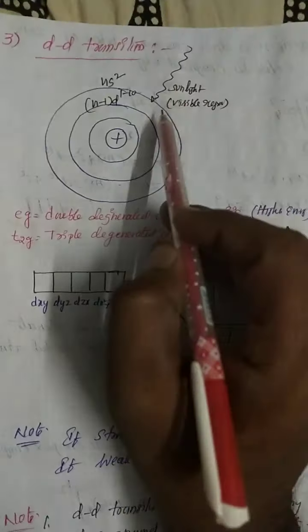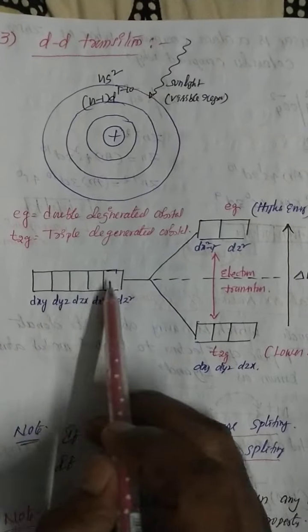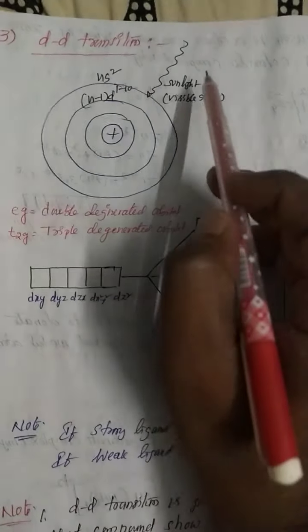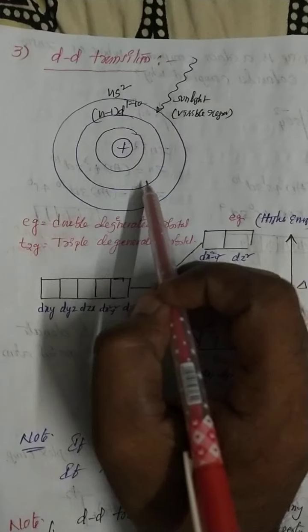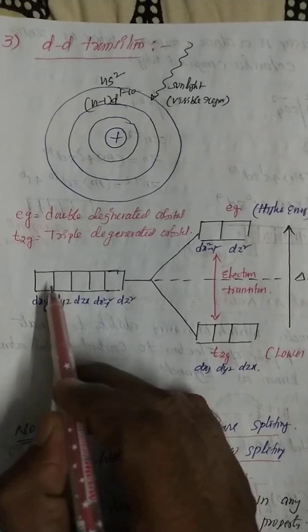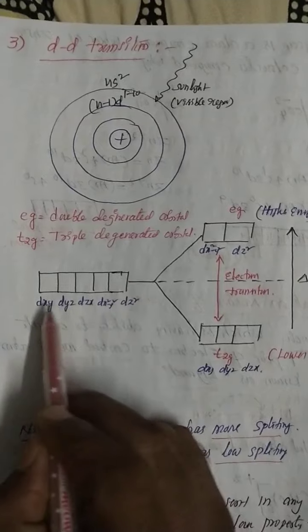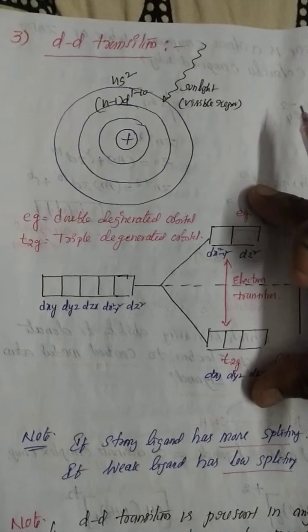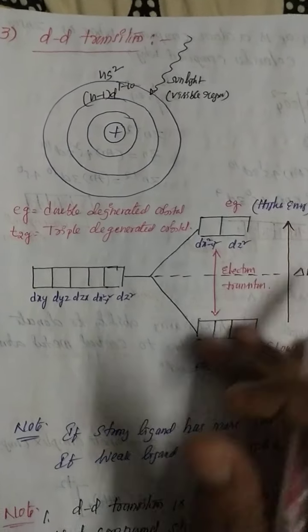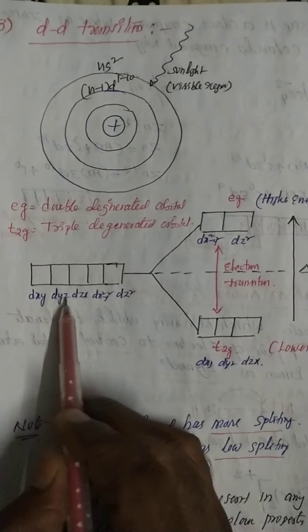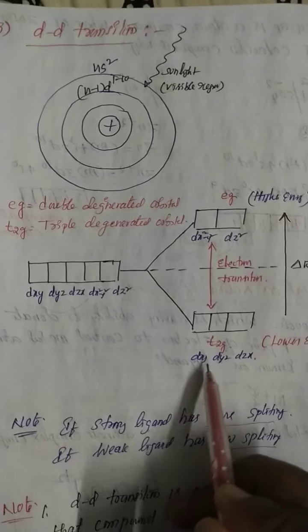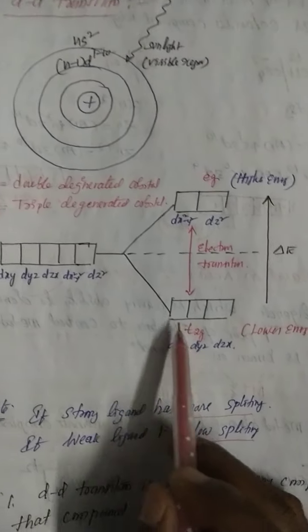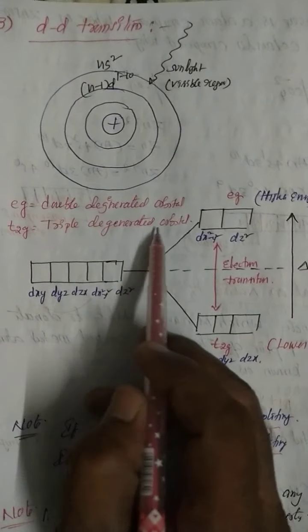The sunlight is absorbed by this compound, and immediately the d orbital splits into two levels. Number 1 is the T2g level, which means a triply degenerate orbital.